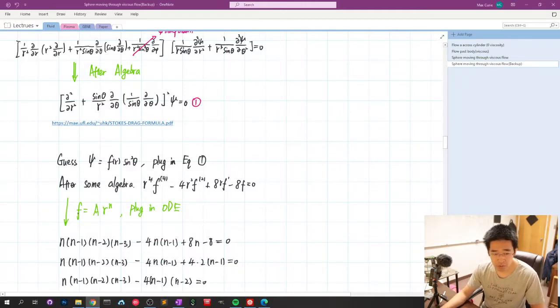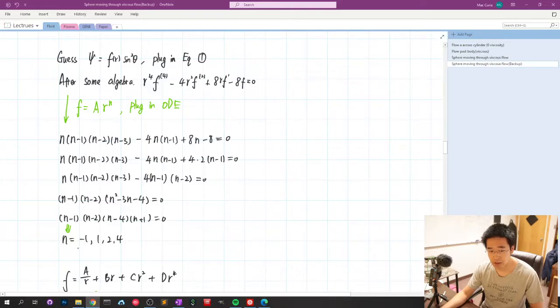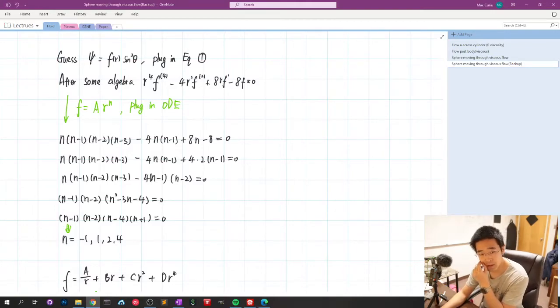If you learned ordinary differential equations, this is a textbook question. You just guess f equal to a r^n, and plug in. You just get n equals -1, 1, 2, and 4. You just go through those algebra. I think it's quite in detail as I show here.